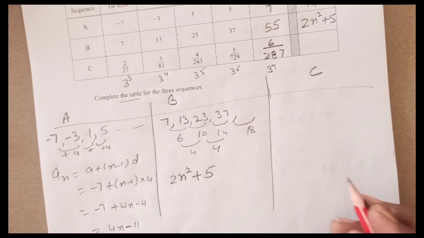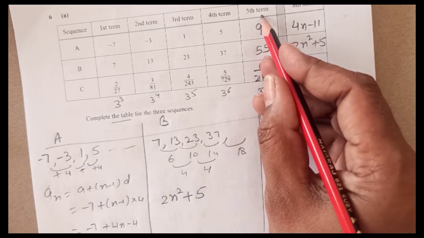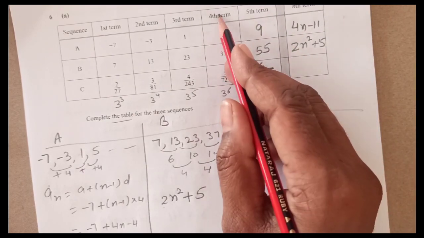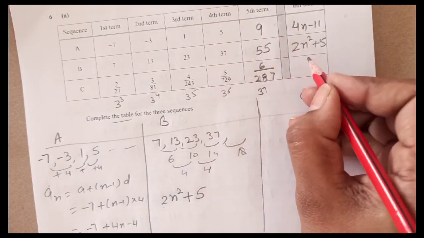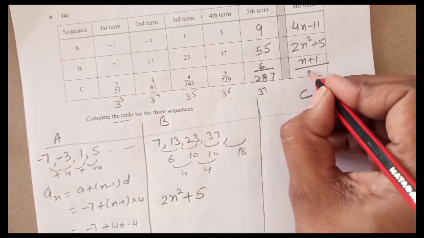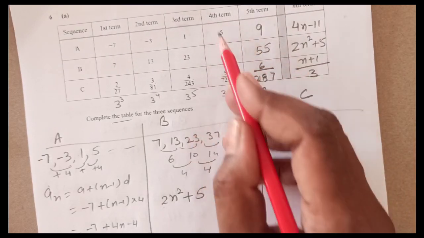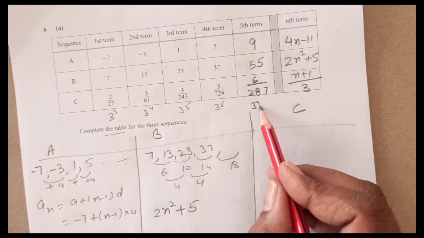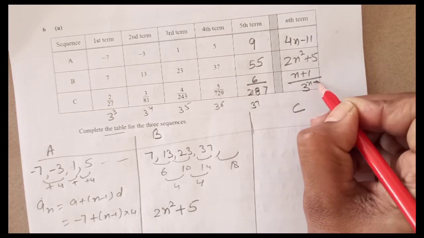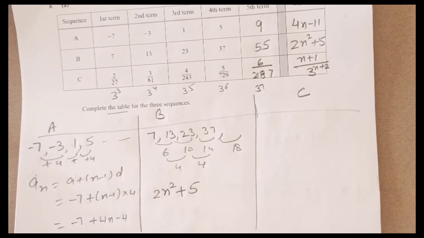Similarly, in the numerator, the fourth term is 5 and the fifth term is 6, so 1 more than the term number, that means n plus 1. And over 3 power what? The fourth term has 6, for the fifth term it's 7, so plus 2, so n plus 2. So that will give you the nth term of C.